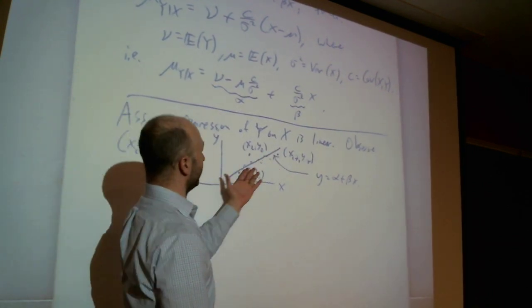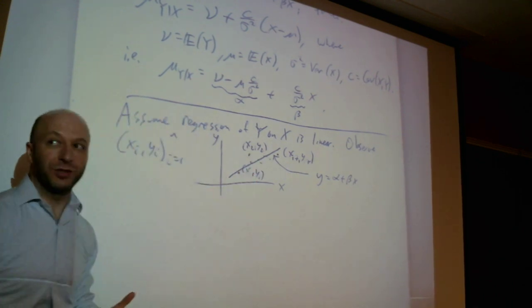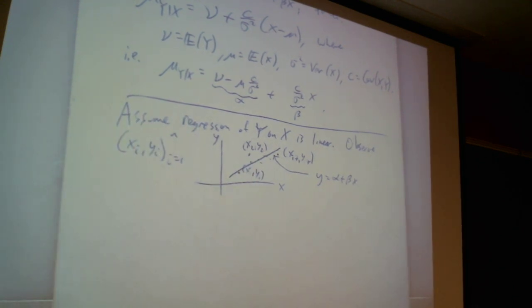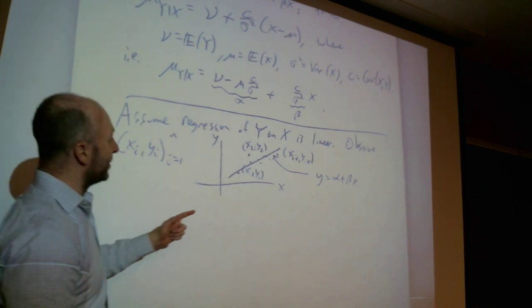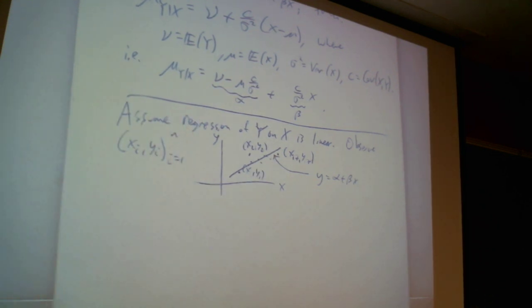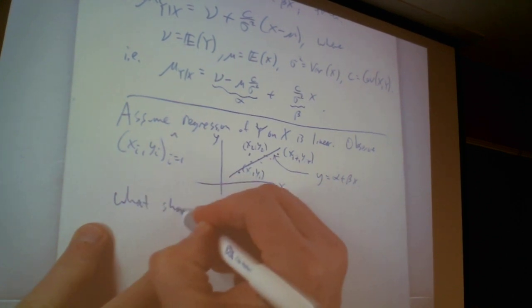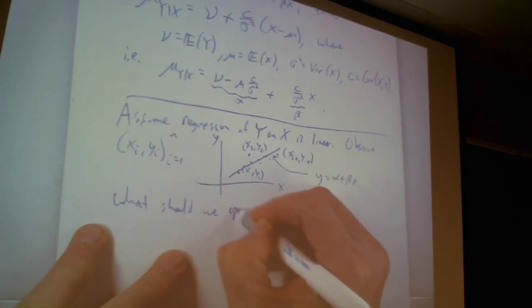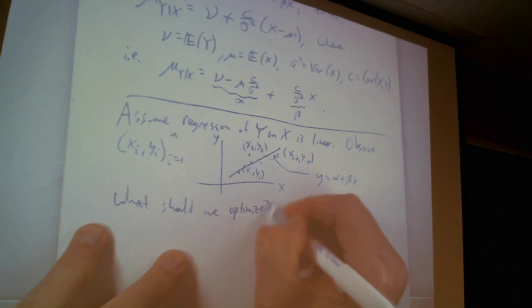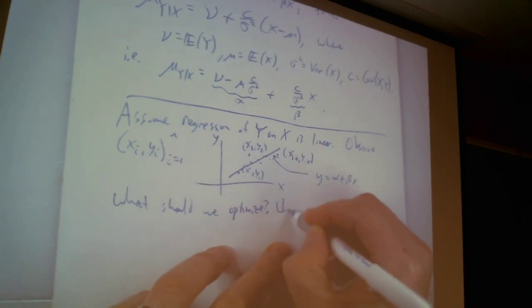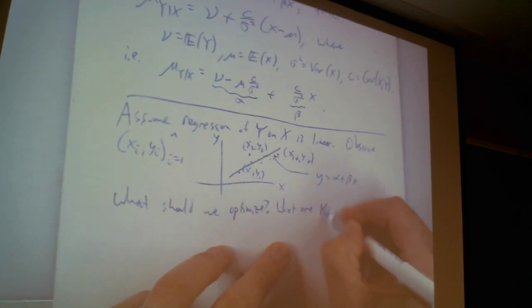How do you do this to optimize something? Well, what should you optimize? What are our errors?